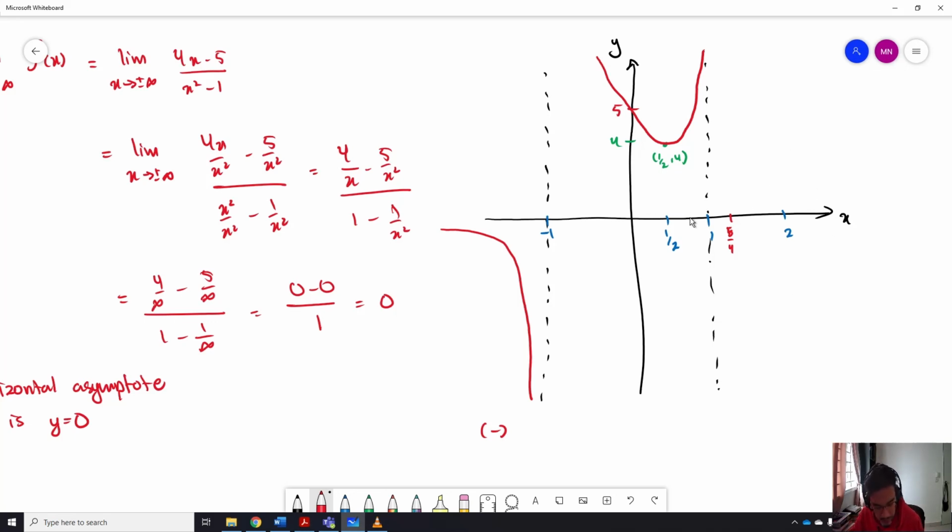Since we have the x-intercept at 5 over 4, our graph will be like this, and it's moving towards the relative maximum at point 2, 1. This is our point 2, 1, relative maximum, and the y-intercept is at 5, 4, going to 2, 1, sorry.